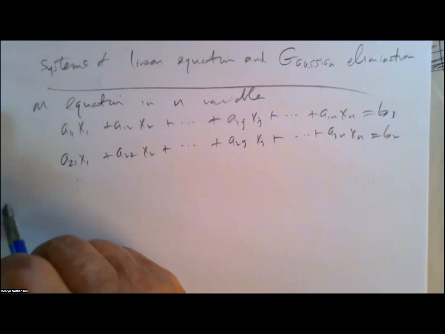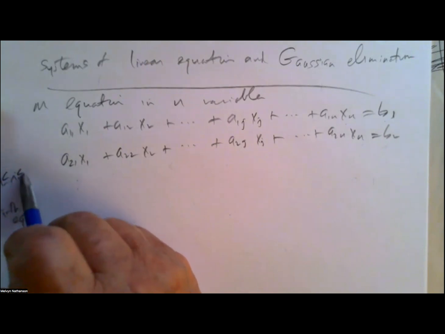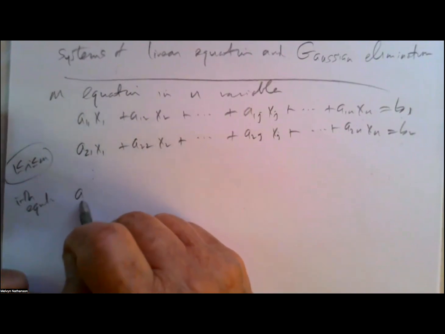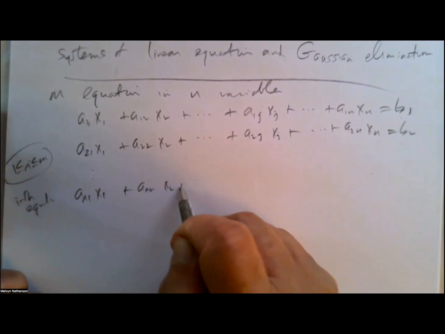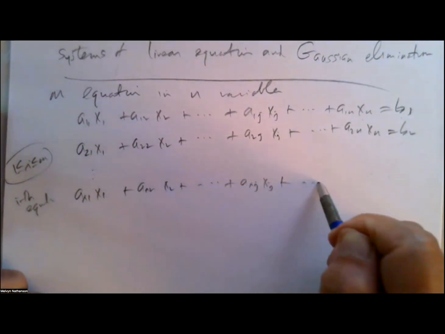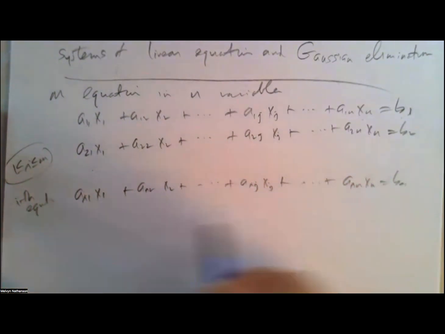When we get to the ith equation, where i is between 1 and m, the ith equation will be ai1x1 + ai2x2 + ... + aijxj + ... + ainxn = bi.